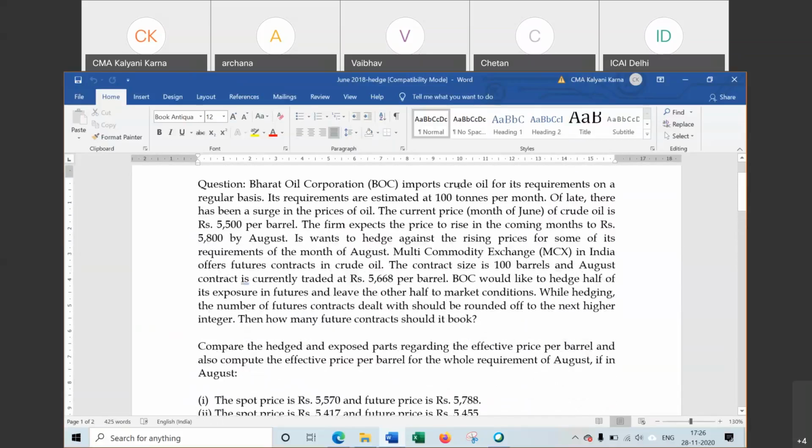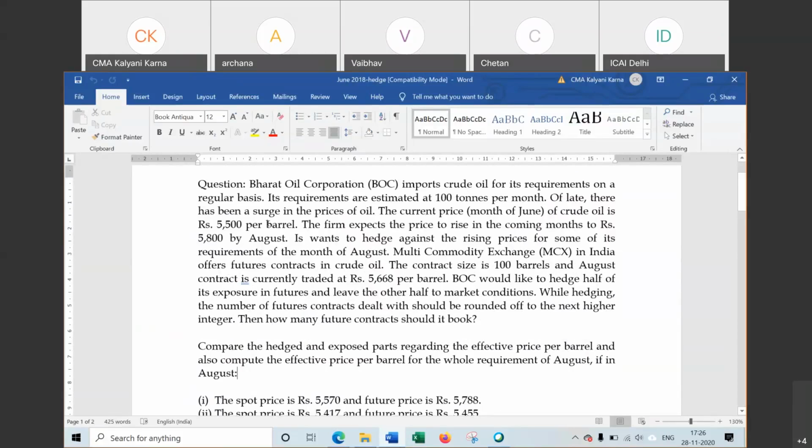The question says the company imports crude oil. In short, we are doing this question. Bharat Oil Company imports crude oil on a regular basis. Requirement is 100 ton per month. There has been a surge and the company is expecting that the price will increase.